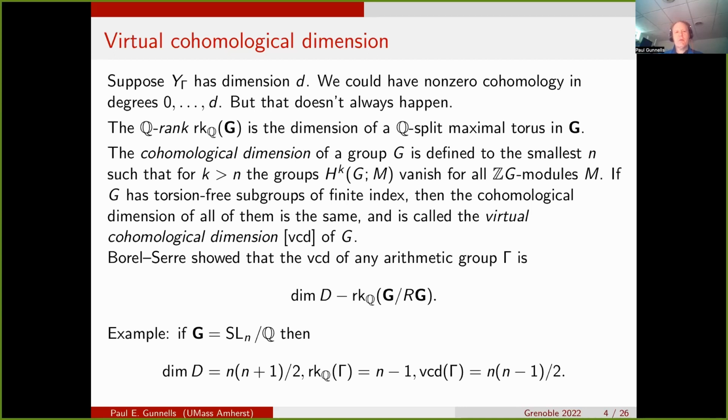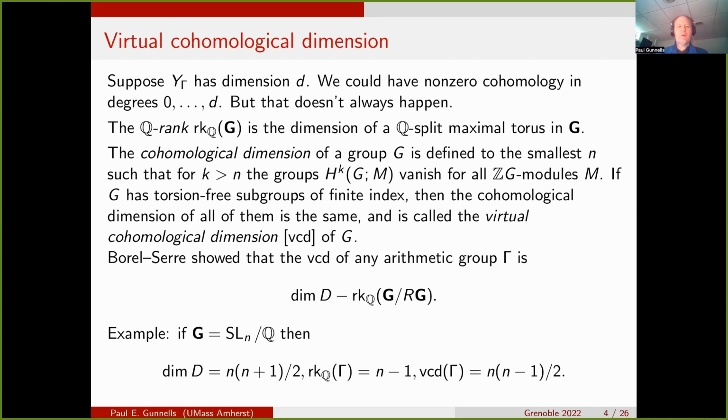In general, if you have a property of a group, you talk about having that property virtually if you have it for a torsion-free subgroup of finite index. Lots of properties are stated that way. So the VCD is what we call the virtual cohomological dimension here.